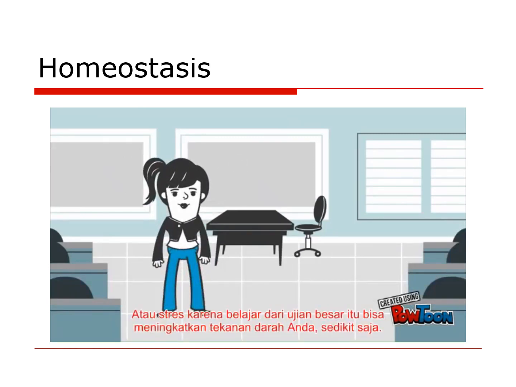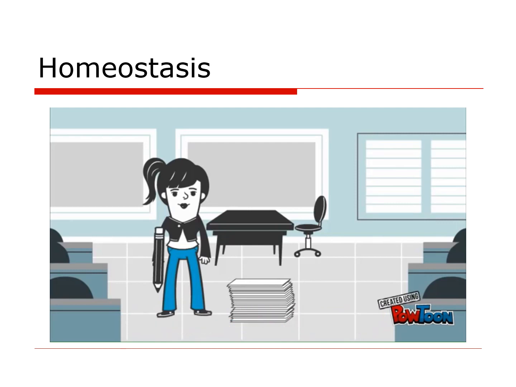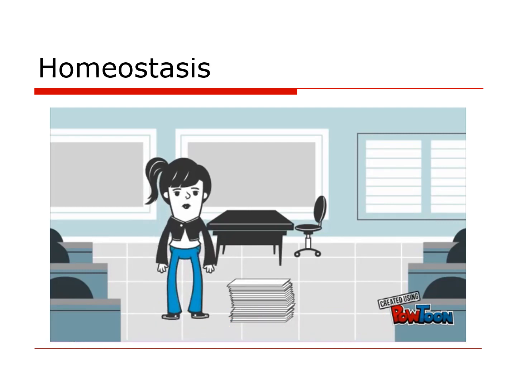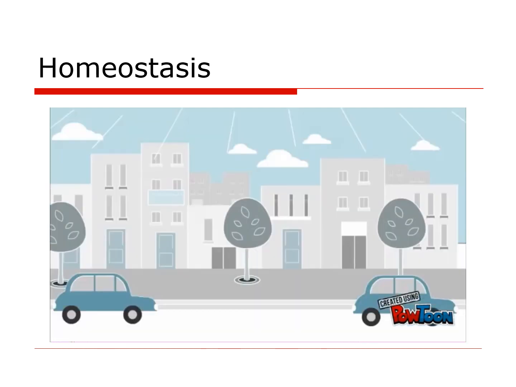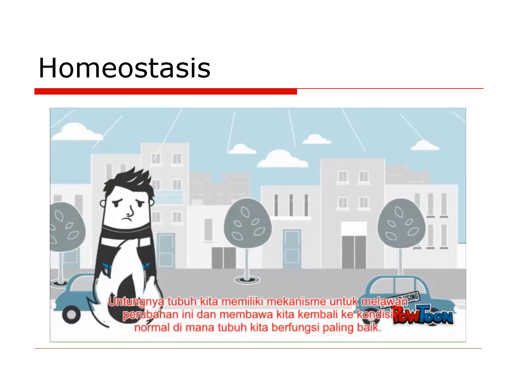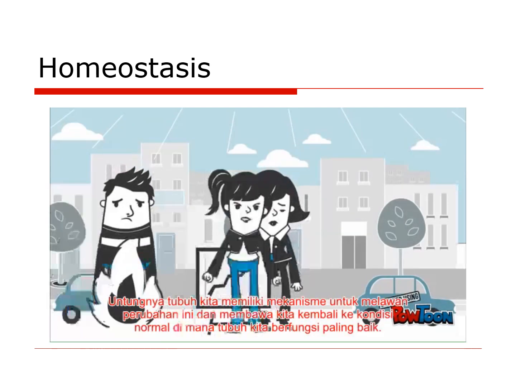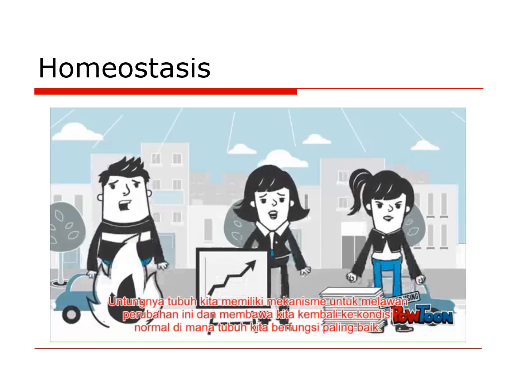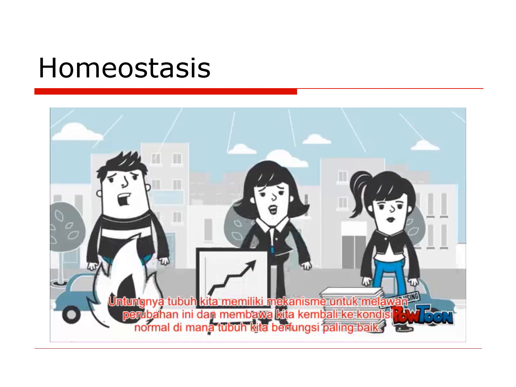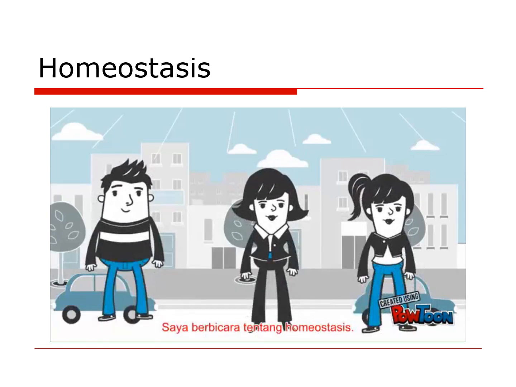Or the stress from studying for that big test might raise your blood pressure just a little bit. Fortunately, our bodies have mechanisms to counteract these changes and bring us back to those normal conditions where our bodies function best. I'm talking about homeostasis.